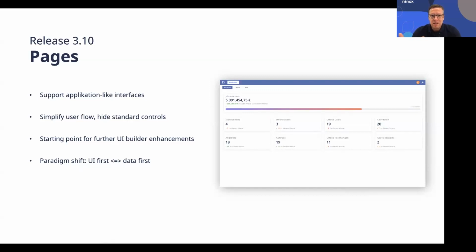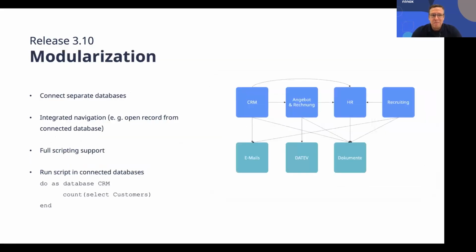You can consider a page as a white space, a blank sheet of paper, giving you all the options to put your data on, your widgets on, and data from certain tables or interactions like buttons. And you can create dashboards like you can see in this example here, or much more closed user experiences and application-like interfaces.